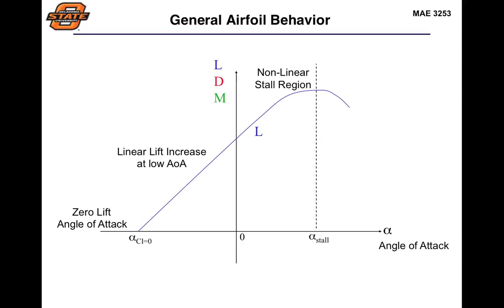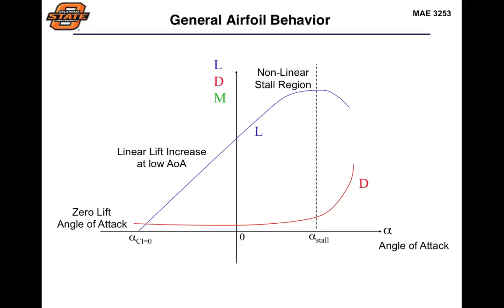Given these parameters, this pretty much is all we need to describe what that lift curve slope looks like. Now, drag is typically a little more complicated, and this is just a notional value of what drag might look like. Drag is going to be very highly dependent upon the shape of the airfoil and the Reynolds number regime that you're operating in.